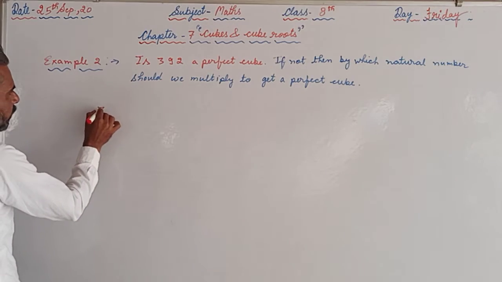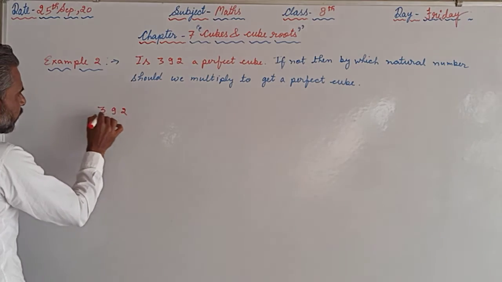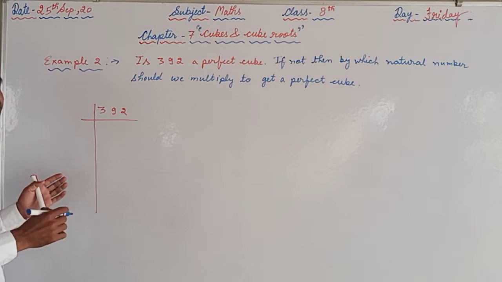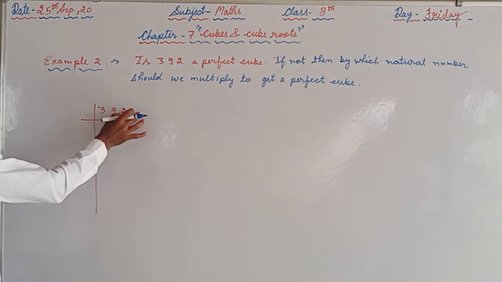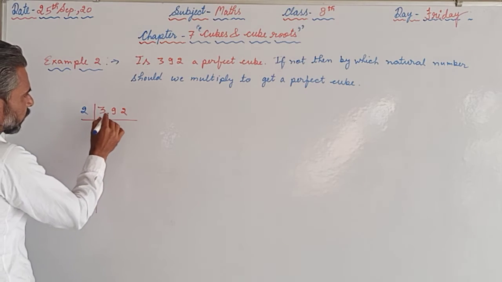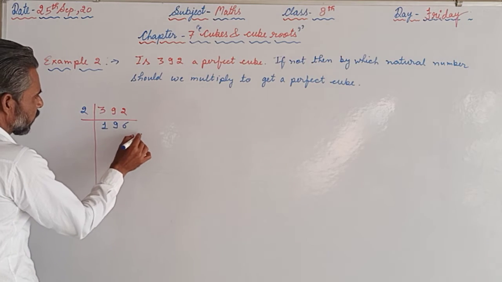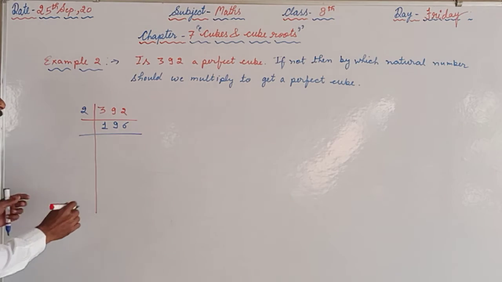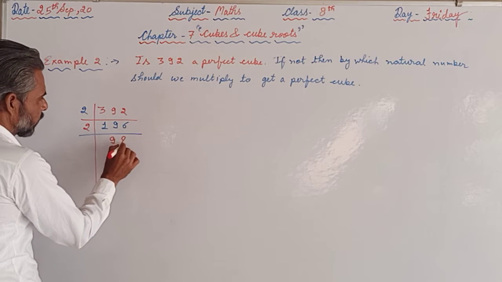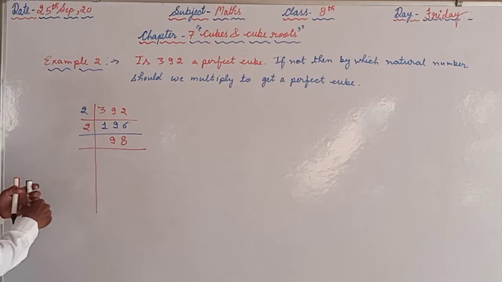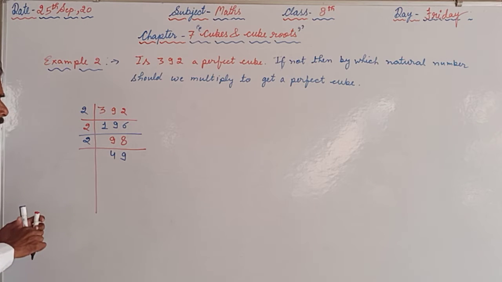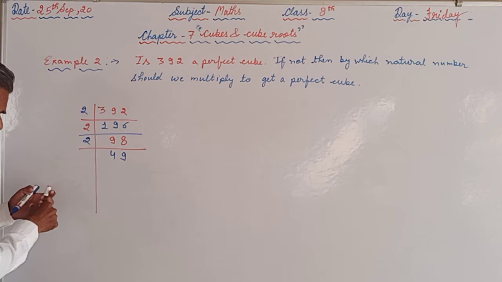So how will we check? First of all we will find the prime factorization of 392 and we will start dividing. As at the ones place we have 2, the number is divisible by 2. 2 ones are 2, 2 nines are 18, and 2 sixes are 12. Again the number is ending with 6, so again we can divide by 2. 2 nines are 18 and 2 eights are 16. Again we can divide by 2. 2 fours are 8 and 2 nines are 18.